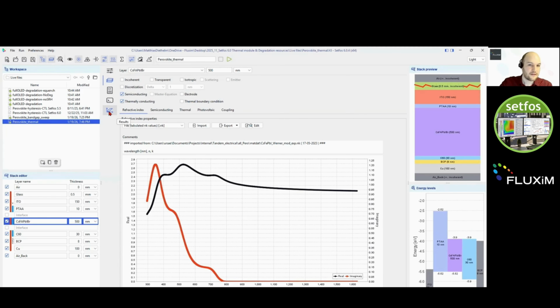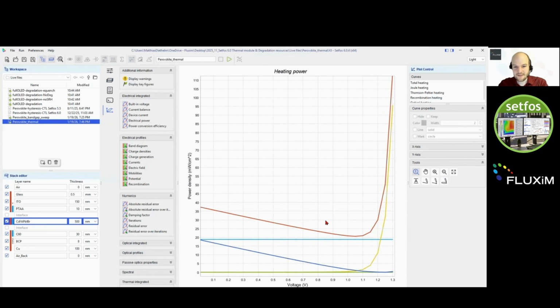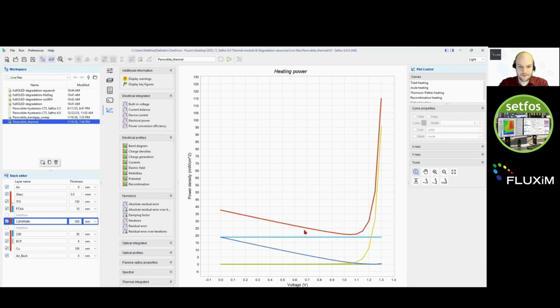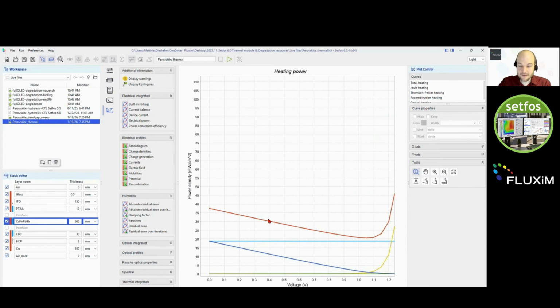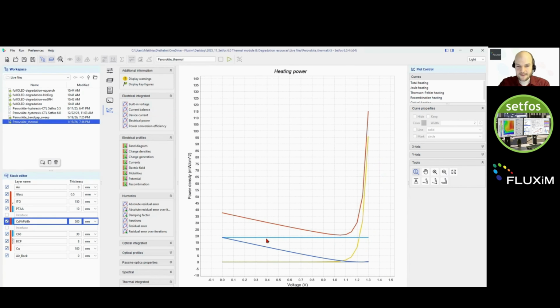If we look at the results of this simulation, you can see that the power that is lost in heat, the heating power, has quite a peculiar shape when looking through the swept voltage from JSC, short circuit, towards VOC, and that's because the Joule heating is getting comparable to the thermalization.